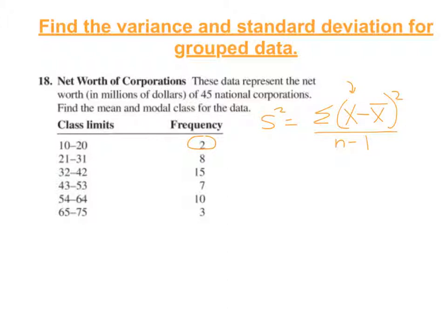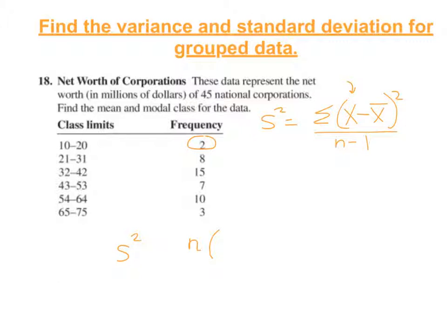So some genius rock star who's really good with algebra found out that if you FOIL this out and do a bunch of fancy math, there's a shortcut formula. I say shortcut because it looks a little messy, but it looks like this. How many total frequency you have, your total sample size, n.